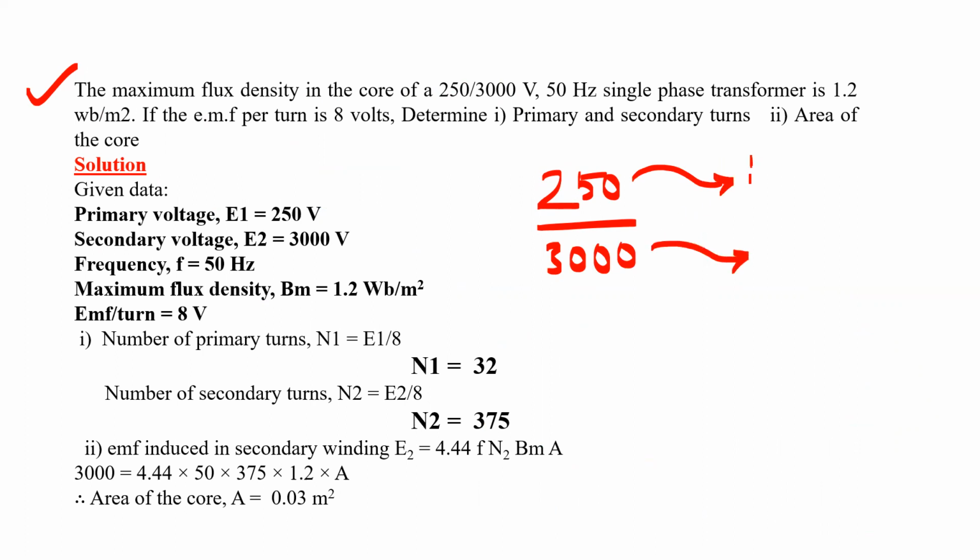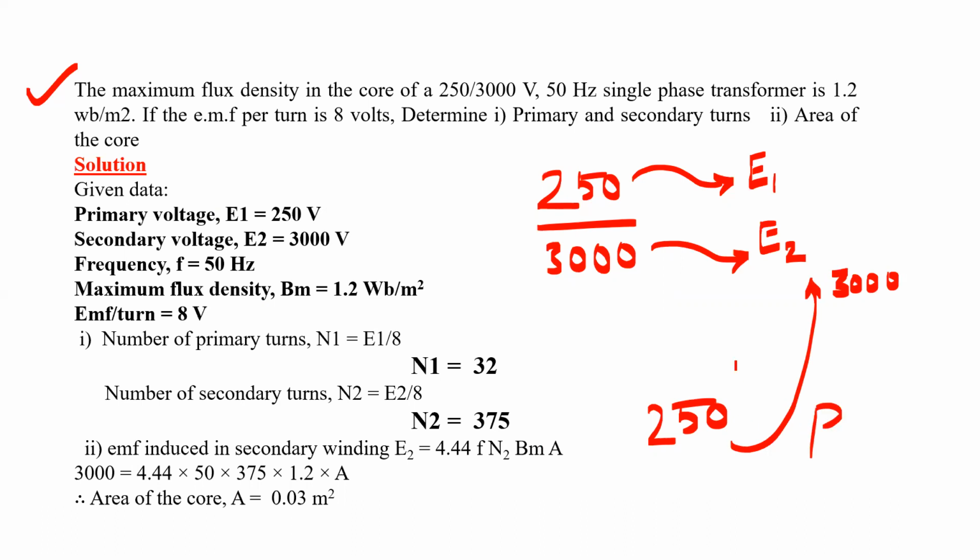Indirectly, they have given the E1 and E2 values. Observe that it increases from 250 to 3000, so it's a step up transformer. They have indirectly given that information.